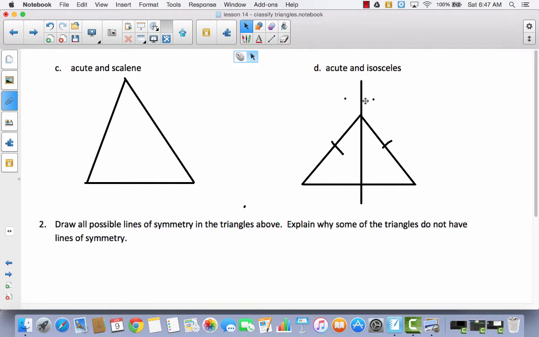If you could cut this out and fold it in half, this side should match up to this side. Now, on this triangle, even though it almost has a line of symmetry right here, technically, because this side is not the same length as this side, it cannot have a line of symmetry because this side would have to be exactly like this side.